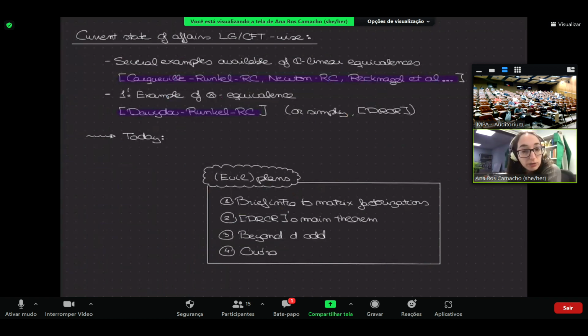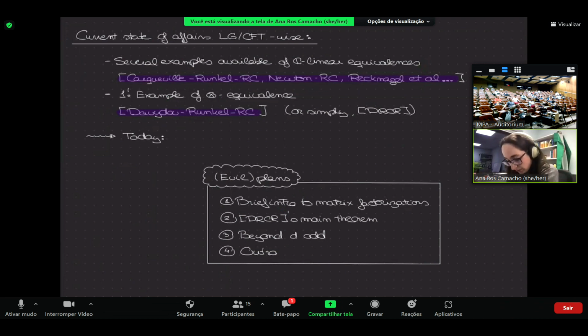I have been involved in a bunch of those, with several collaborators up and down. There are also some suggestions of equivalences in a little bit of an indirect way.